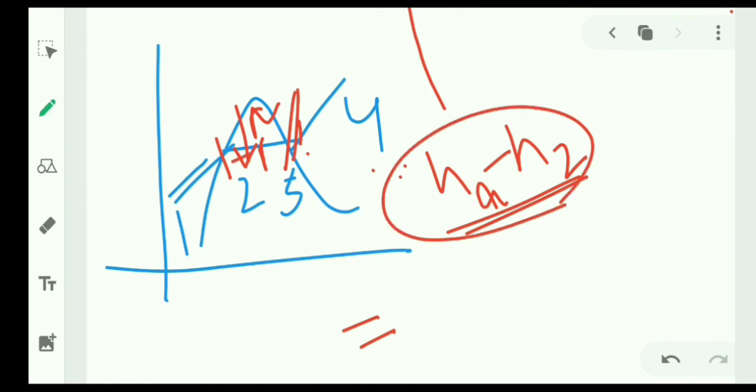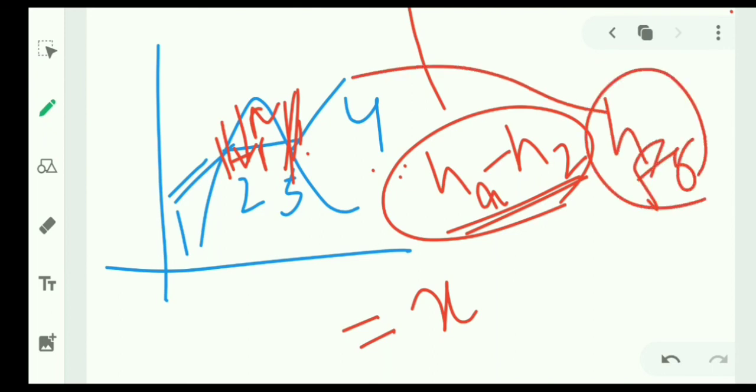That will be equal to XA, the dryness fraction at point A, times the heat required to reach from 2 to 3, that is hfg. We can tell this is our latent heat. Latent heat is the amount of heat required to change the phase.